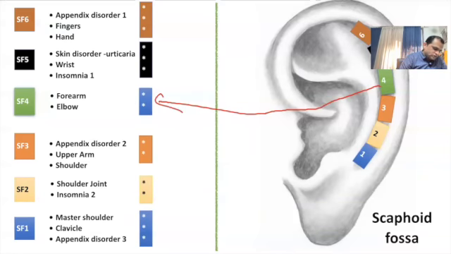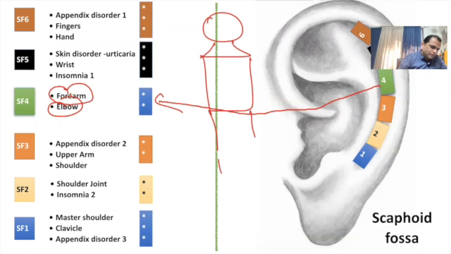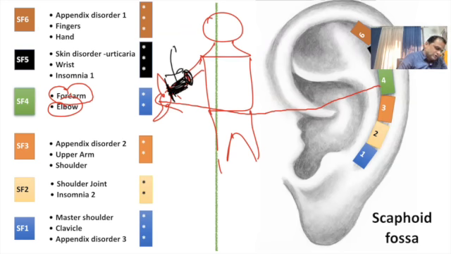SF4 means elbow and forearm. The meaning of elbow and forearm that we know. So this area, elbow and forearm, this area is SF4.